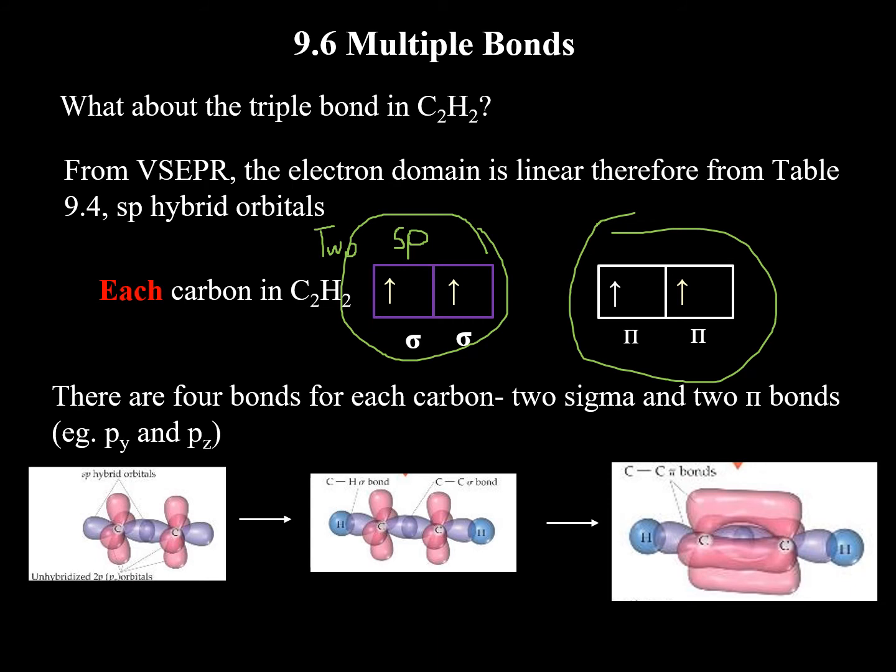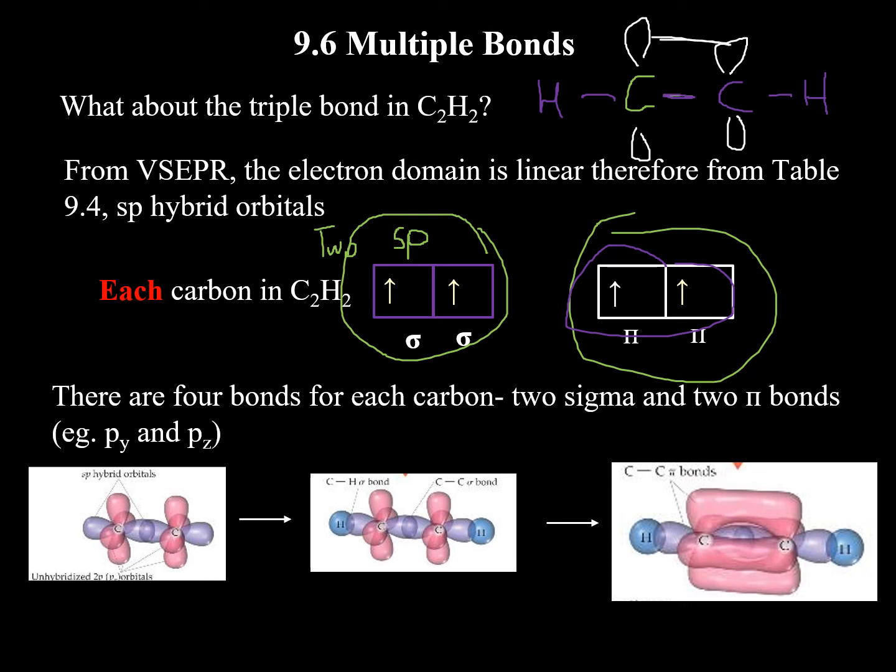So the ones in purple will make a single bond. Let's see if I have purple. I do. This will make a single bond, and it will make another one with the hydrogen. And these white ones here, they will form above and below to make the double bonds.